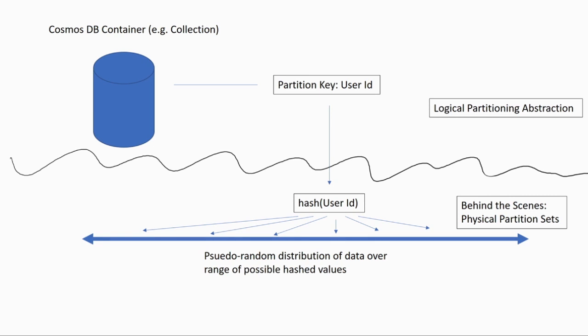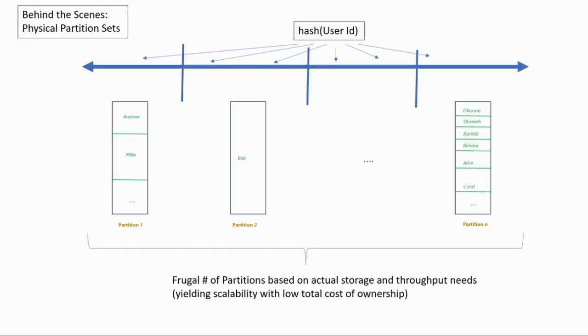What happens behind the scenes is that partition key will get hashed, and this will be distributed over a very, very large range of possible values. And by taking this consistent hashing-based approach, we can then carve those ranges out and subdivide them over physical partition sets.